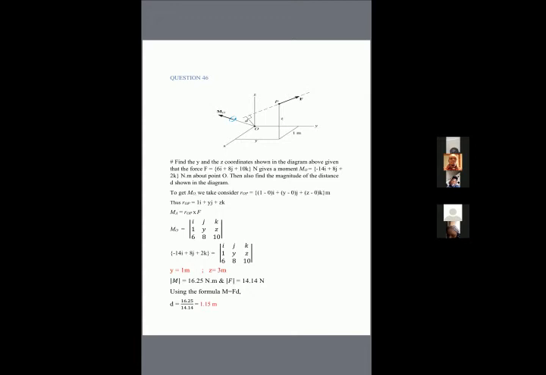So that's how you get your y and your z there.